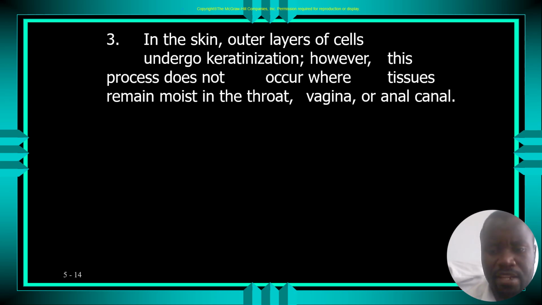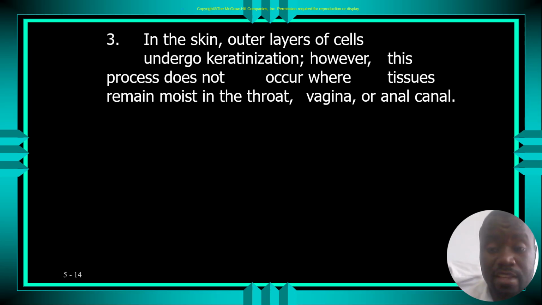Keratinized stratified squamous. But in the vagina, the epithelium is not stiff, to allow the physiological function of the vagina and also to allow for copulation. So to avoid injury, the epithelium functions in a way where there is no keratin.